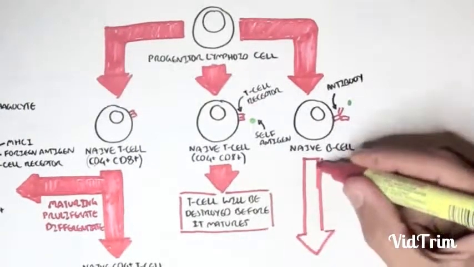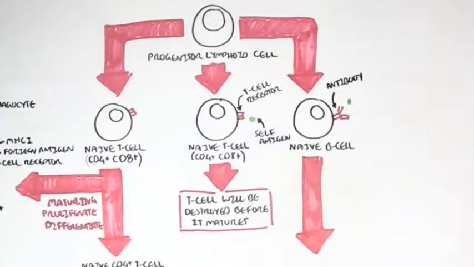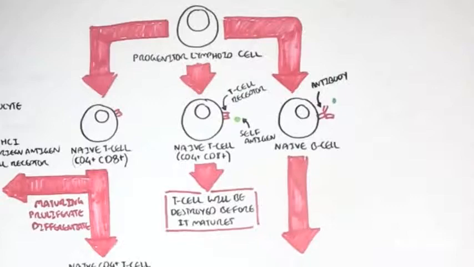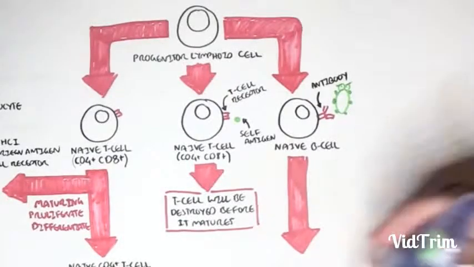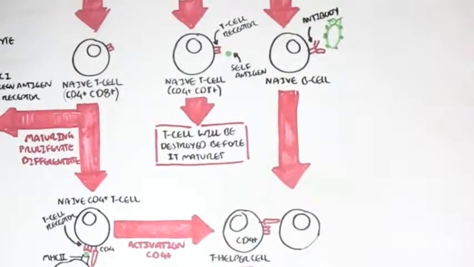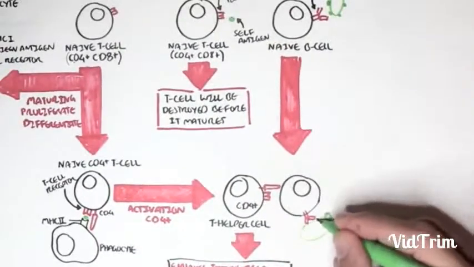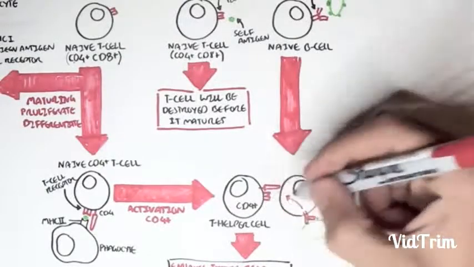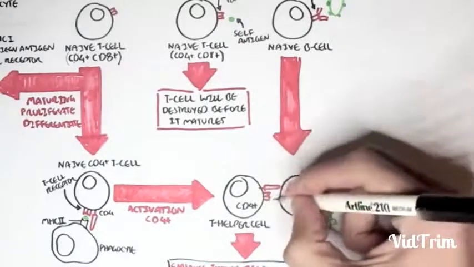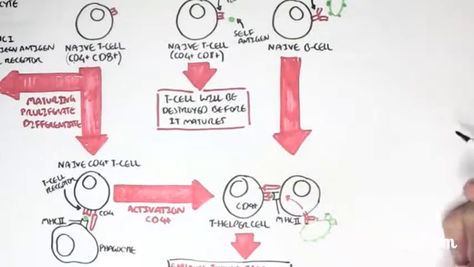The naive B cells' antibodies can recognize specific antigens of a pathogen. So, for example, this naive B cell will recognize this antigen of this specific bacteria, and then this will cause the naive B cell to engulf the pathogen and process it, and then present this foreign antigen on an MHC class 2 to the activated T helper cell.